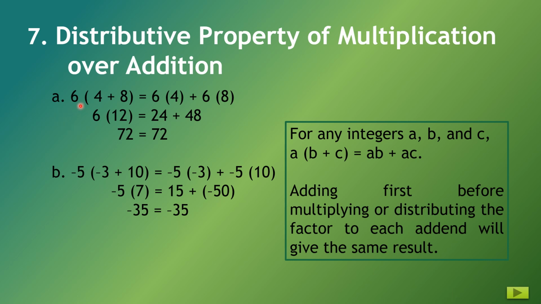So, kapag ang sinagot nyo ay ang process nito, ang sagot dapat ay 72. And then, kapag naman ganito yung process, ganun pa rin yung magiging sagot, which is 72. So, alinman sa dalawang process ang isasagot nyo or ang gagawin nyong solution, ganun pa rin ang magiging sagot. So, that is the distributive property.